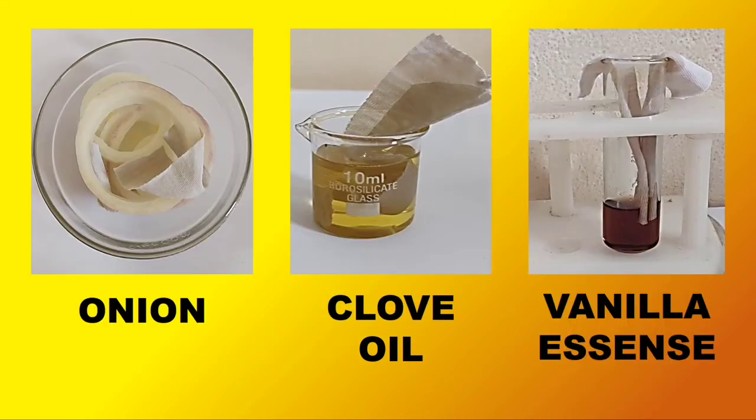In order to test these olfactory indicators, take an onion, chop it into pieces, place 2 pieces of cloth in it and keep it in the fridge for a day. In a bowl, take clove oil and keep 2 pieces of cloth in it, and in vanilla essence, dip 2 pieces of cloth.